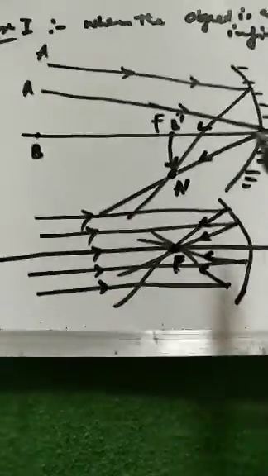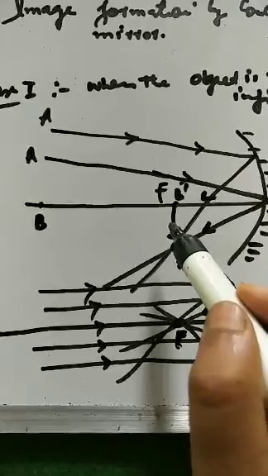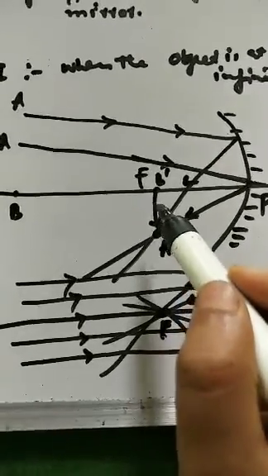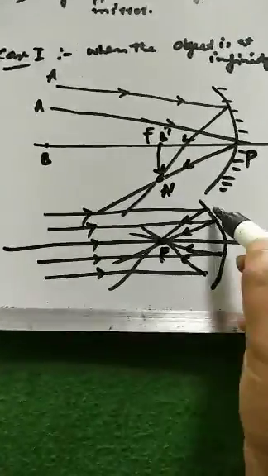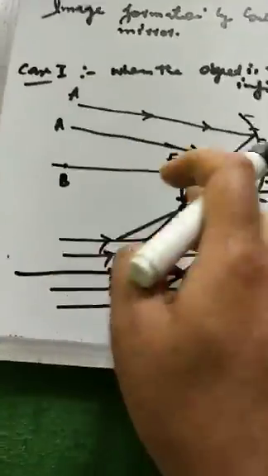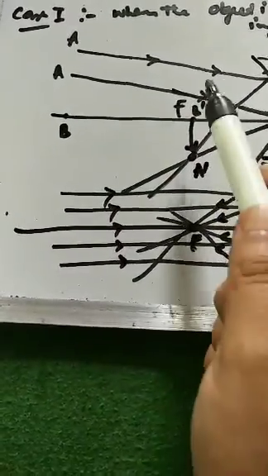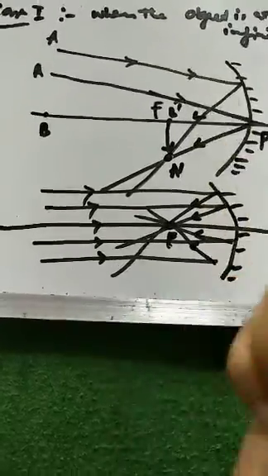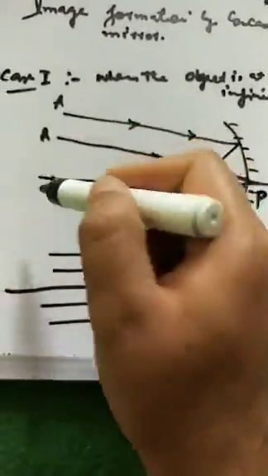It is point sized. So remember, when the object is placed at infinity, the image is formed at focus, its nature is real and inverted, and its size is highly diminished, point sized. A dash B dash is the image, AB is the object.